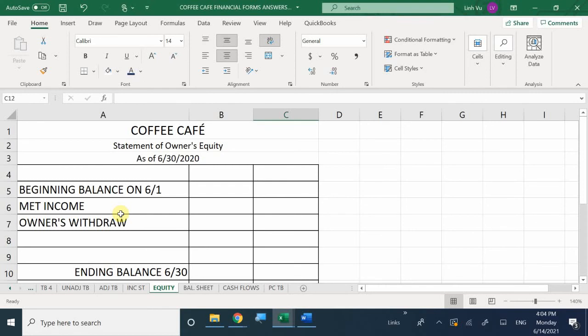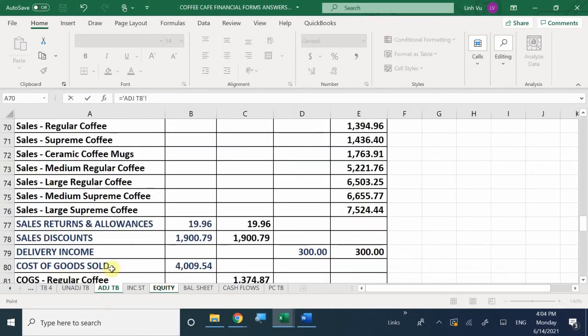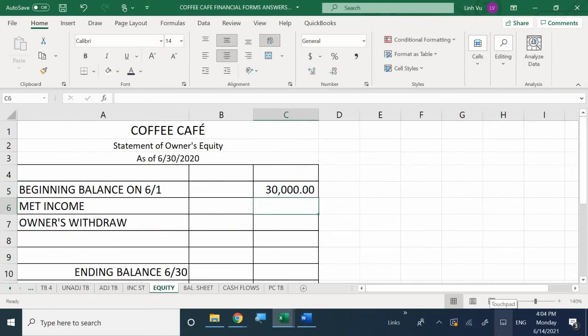The first thing we're going to start off with is what was the beginning balance of our equity account? In this case, what was the beginning balance of my equity account? 30,000, right? We're not going to associate debits and credits here.